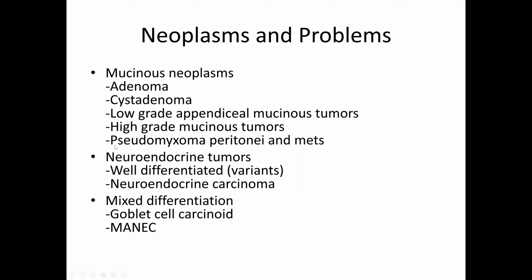And of course, when we encounter spread in the form of pseudomyxoma peritonei, metastatic mucinous carcinomas, and so forth. And then the grading of these tumors has presented some problems in the past. We have a variety of neuroendocrine tumors that also occur in the appendix, fairly frequently encountered. And then there are those of mixed differentiation, goblet cell carcinoid, and what was previously called MANEC, but now is called MINEN, mixed neuroendocrine, non-neuroendocrine carcinomas.